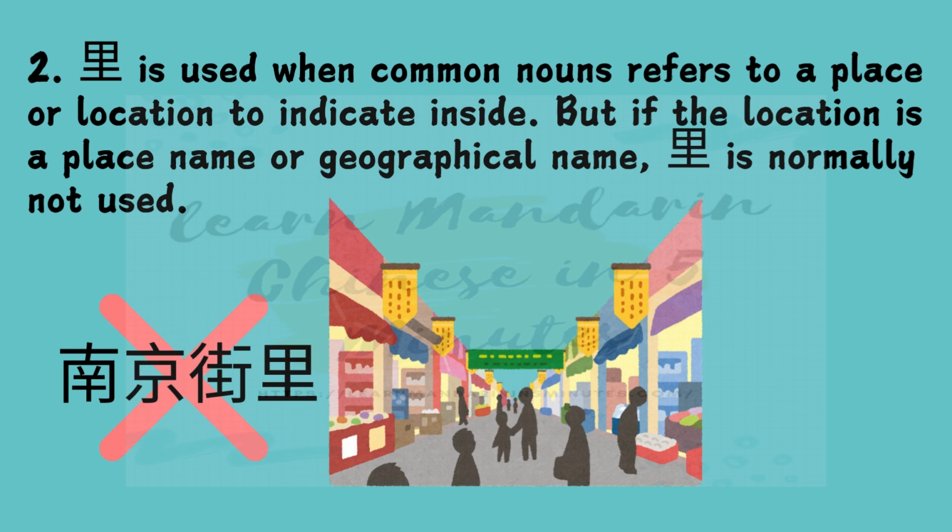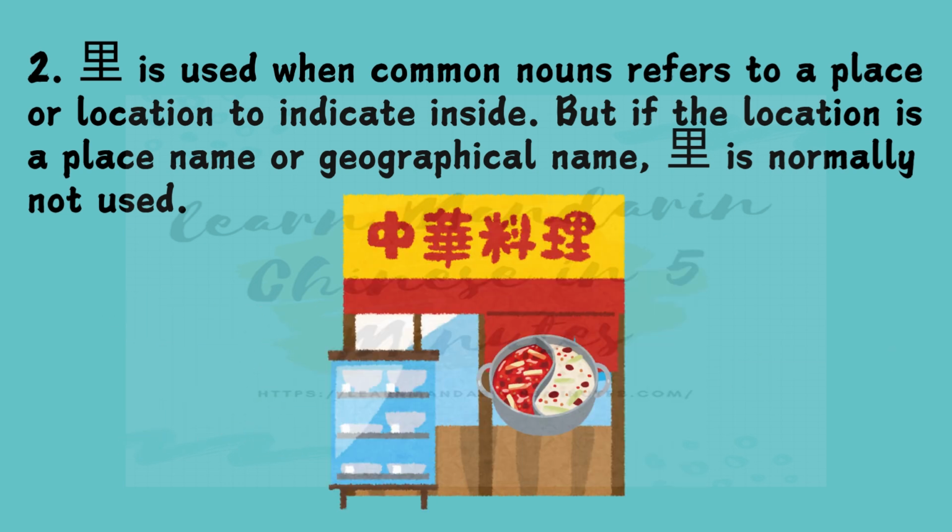It is wrong to say 南京街里. If you want to use 里, you can say 这里是南京街最著名的美食店. So this is the most famous food store on Nanjing Street, referring to a specific restaurant on Nanjing Street.